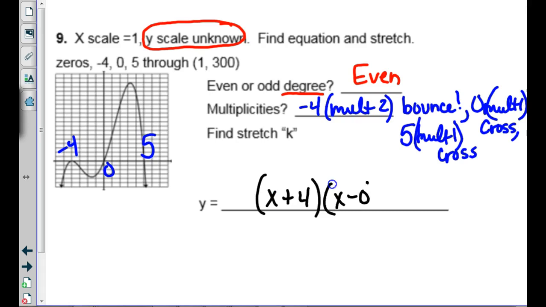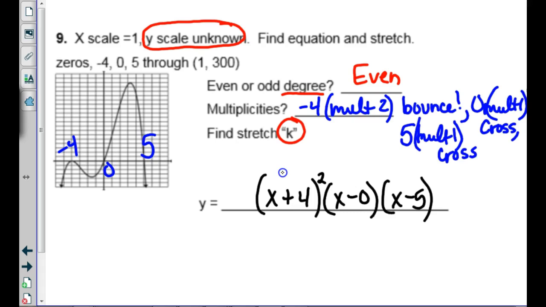X minus 0, or just an X out front, but you're welcome to write X minus 0. I don't care. X minus 5. Okay, something's wrong. Okay, the X plus 4 is a bounce, so it is quantity squared. Make sure you don't put the squared inside, but yes. That's the one that had a bounce. Okay. Now, you have to find the stretch. Who remembers how? Yes, Keaton.